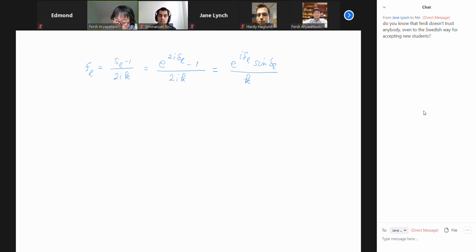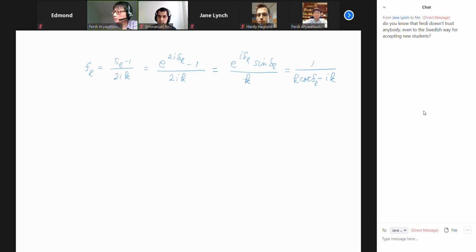It can also be written as 1 over cotangent delta L minus ik. So depending on the problem, we will use one of these expressions.